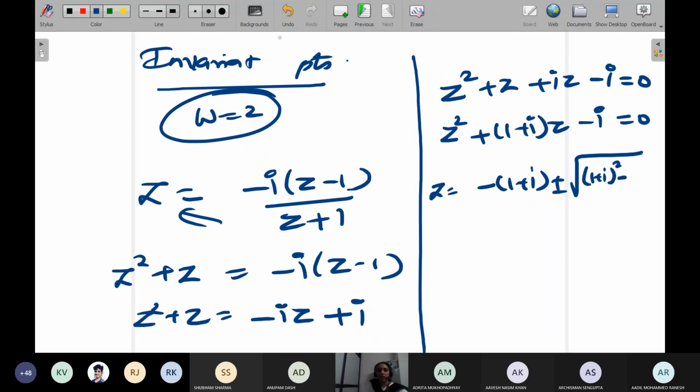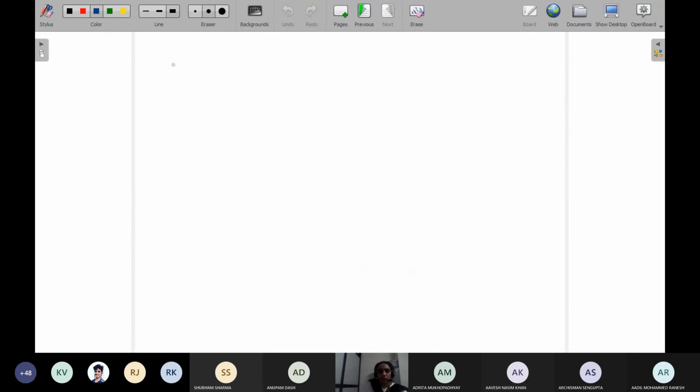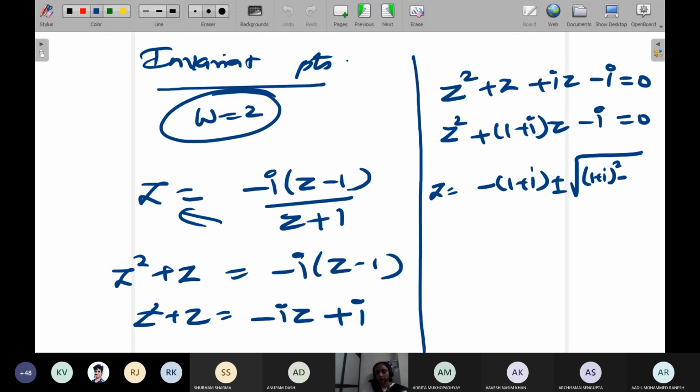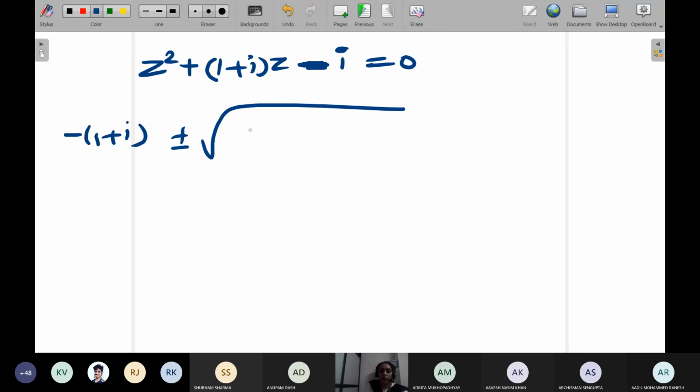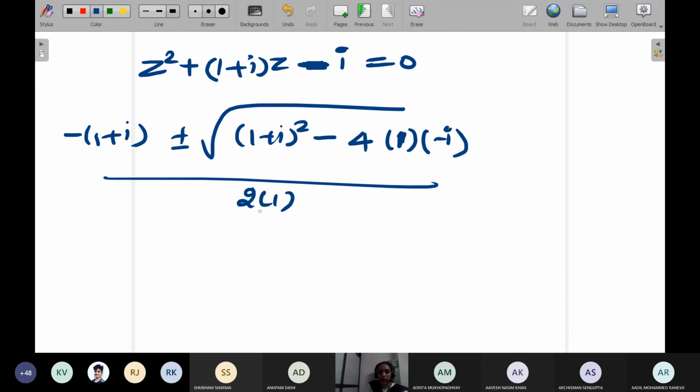I'll do it in the next page. So what is the equation I got? z square plus (1 plus i) into z minus i equal to 0. Now listen: minus b plus or minus square root of b square minus 4ac, divided by 2 into a.